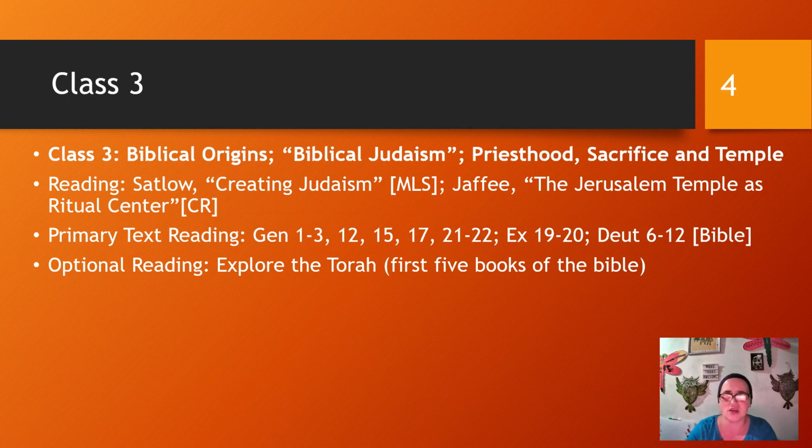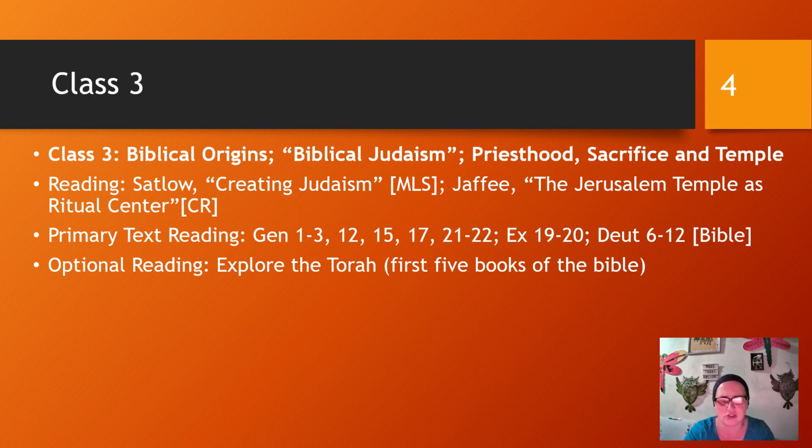So for class 3, you were asked to read Satlow's Creating Judaism and Jaffe's The Jerusalem Temple as Ritual Center. Now, your first unit little paper is on the temple, so the Jaffe reading will be useful for that. You were also asked to read portions from the Bible that are essentially the key origin passages from the Bible.